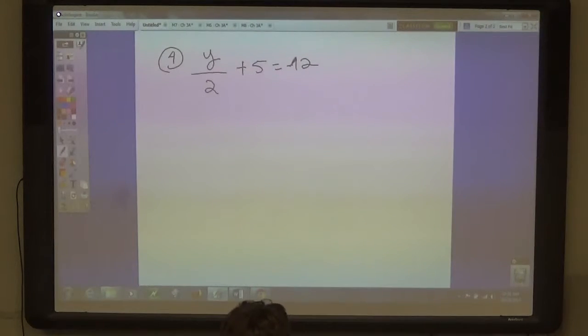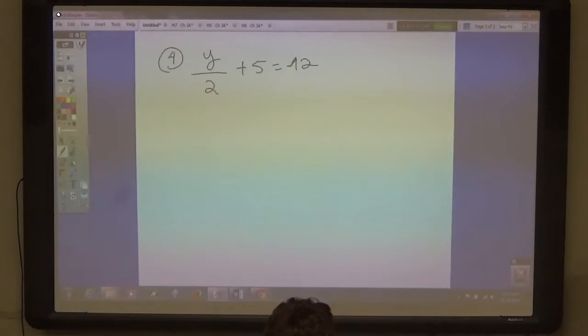Number 4. Wait, did you finish this? Finish this. So 2n equals what? 2n equals 7 plus 5. 2n equals 12.